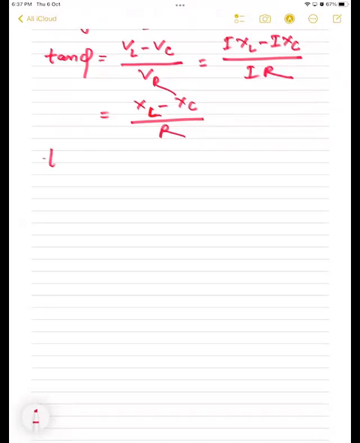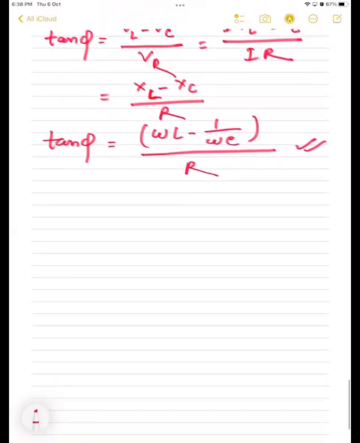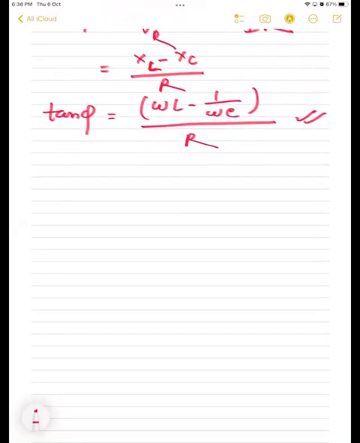We can also write tan phi is equal to omega L minus 1 by omega C whole divided by R, right? Okay. Yes.